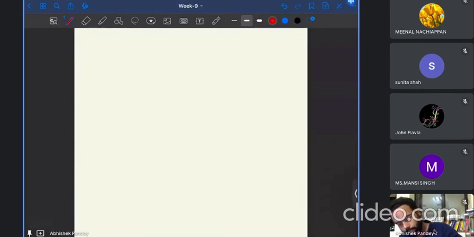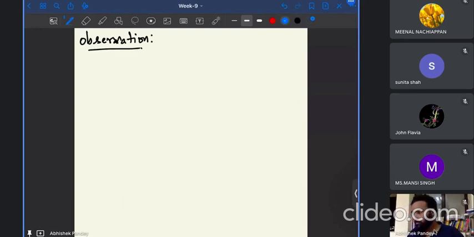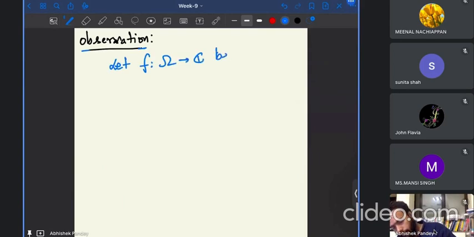So this is an observation. Let f from omega to C be an analytic function, except for isolated singularities.